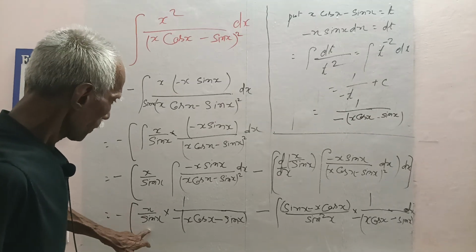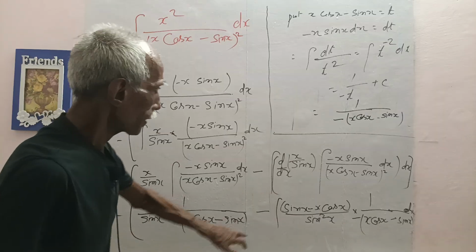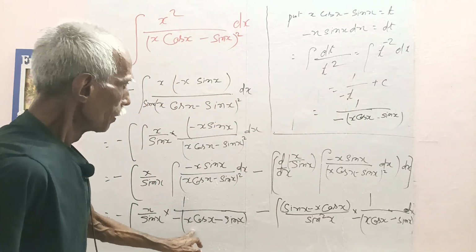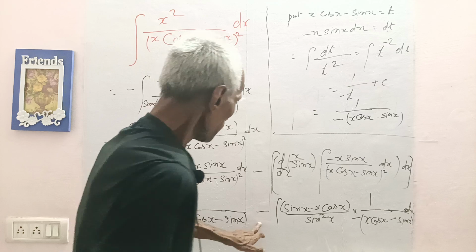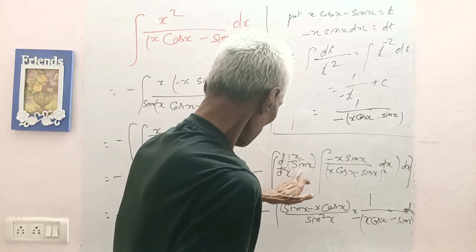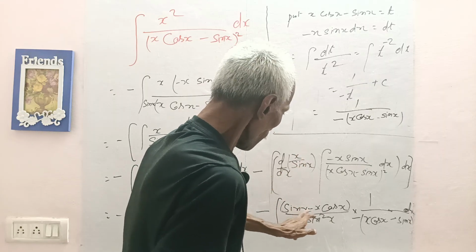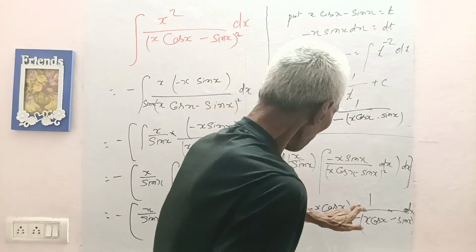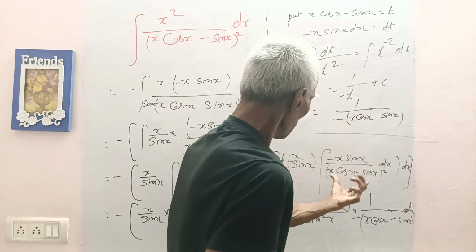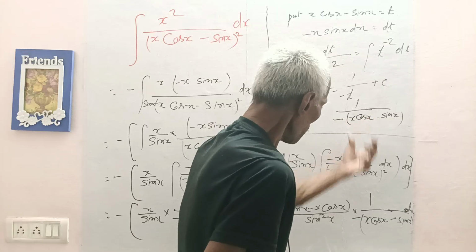Minus x by sin x into 1 by minus x cos x minus sin x, that is here. From here I have taken it, and minus d by dx of x by sin x means u by v. Change it into the form of u by v. This will be this, and then this same thing here, same part. So right after solving this, you will get this.